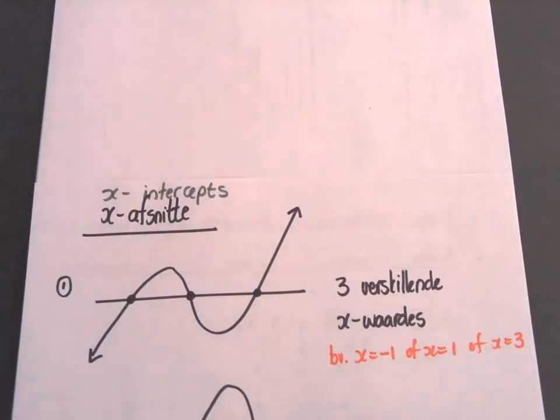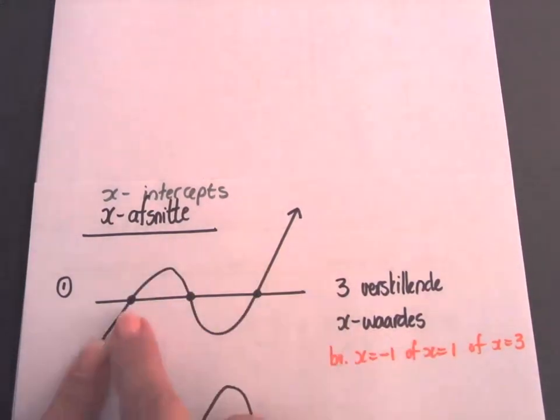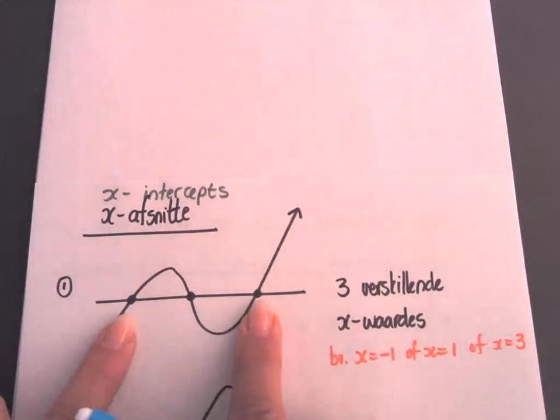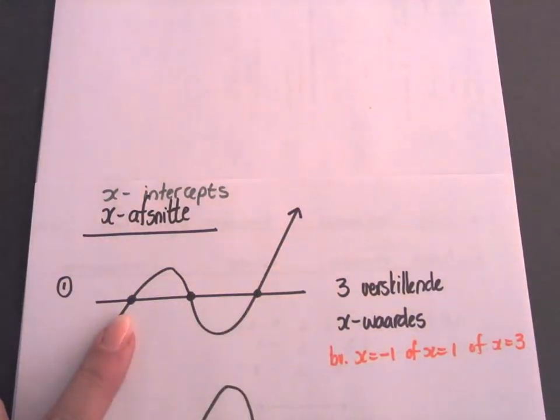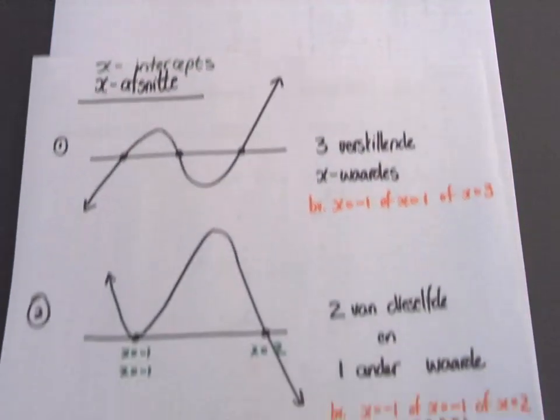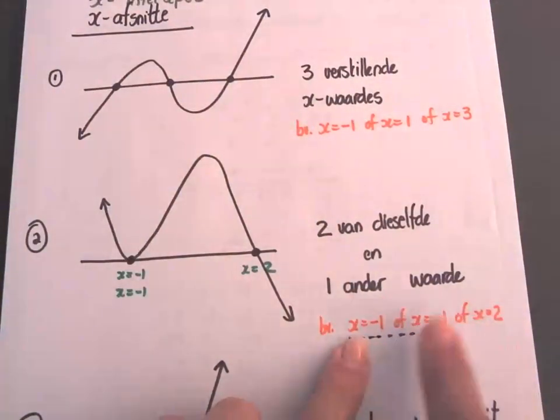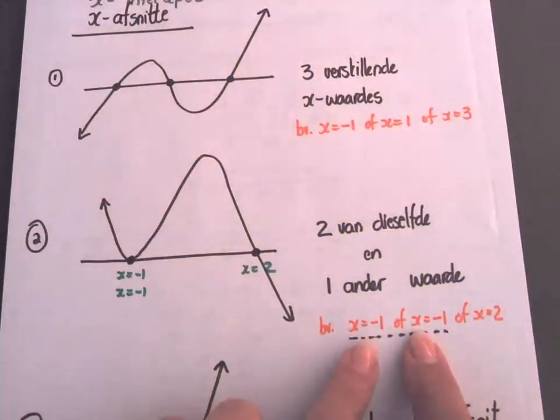You can get 3 variations on your x-intercepts. You can get 3 intercepts that are all different. Then your graph has 3 x values. But what happens if you only get 2 intercepts that differ and one of them is the same as the other one?